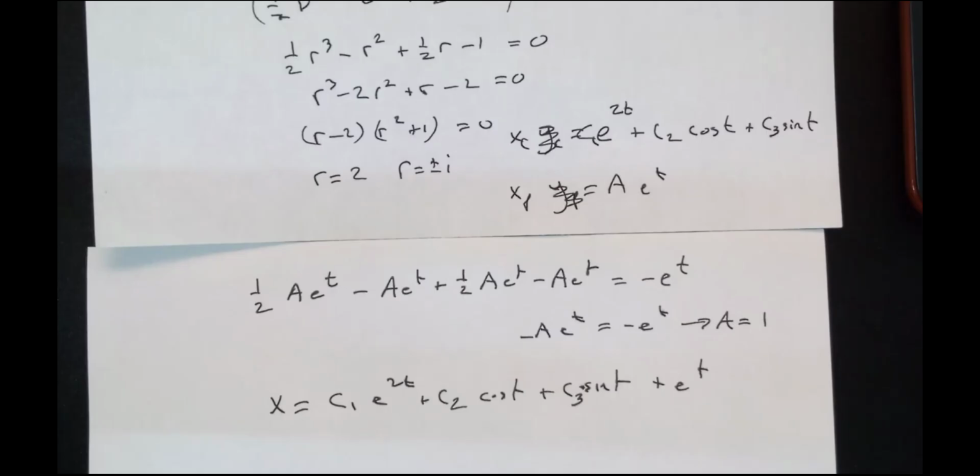Okay, so I think what's happened is that they went back to find the other pieces, yes? And when they go back to find the other pieces, we're going to get 2c1 e to the 2t, right? Because I'm going to have to take the derivative of x twice to get z. No, I'm going to have to take it once to get z.